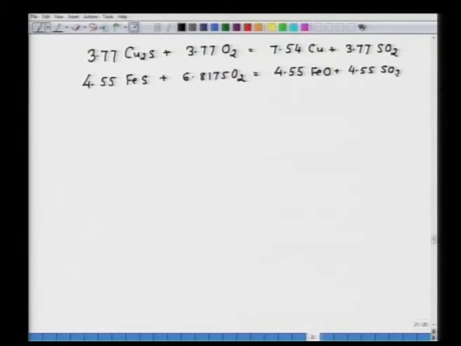Now, you can straight away find out the moles of SO2 that are forming, because you have written the equation in a balanced form.